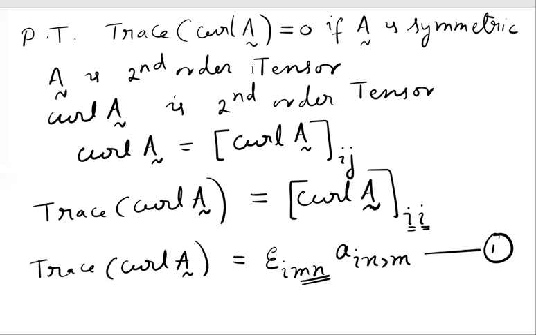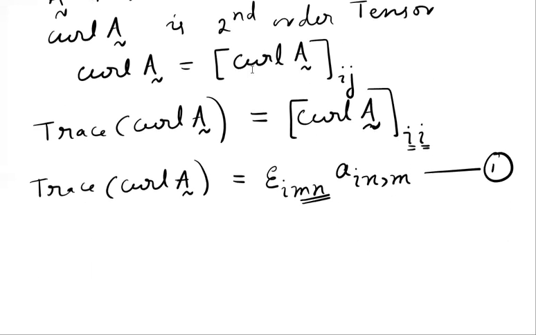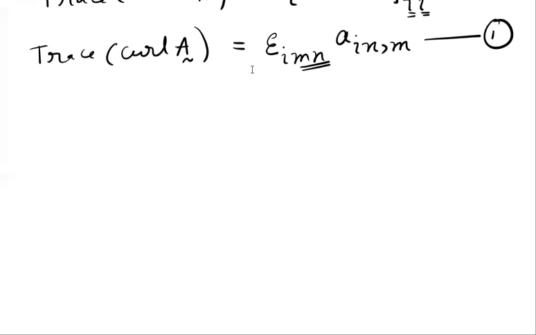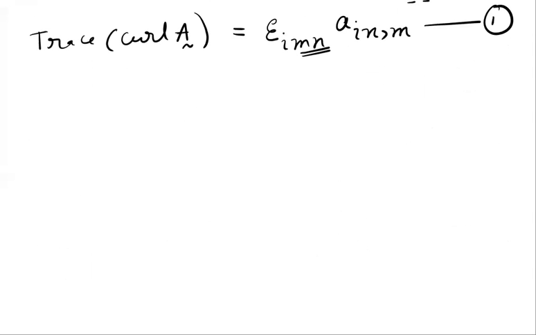Now we'll take the RHS of equation 1. So epsilon_imn A_in,m. Consider the RHS of equation 1 and look at the suffixes. i is coming twice, m is coming twice, n is coming twice.